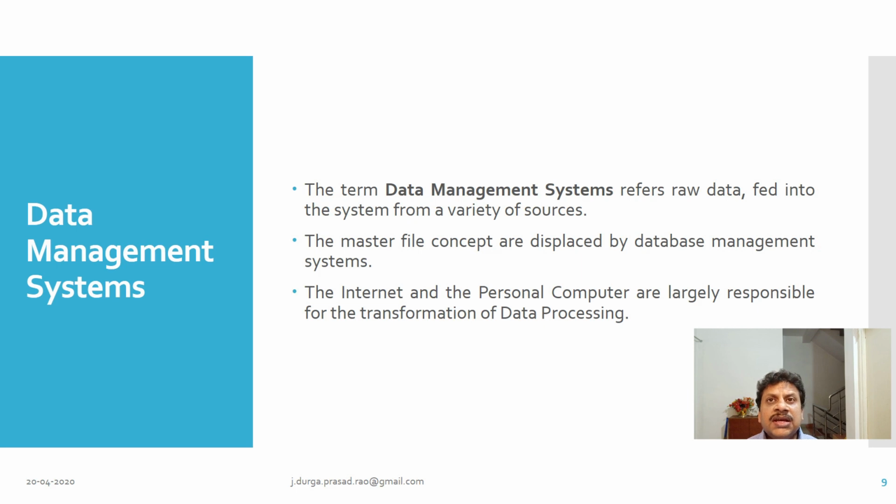The master file concept has largely been displaced by database management system and static reporting replaced or augmented by ad hoc reporting and direct inquiry, including downloading of data by customers.